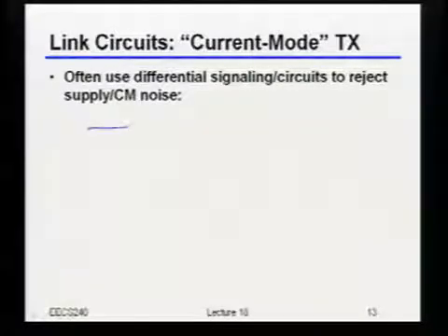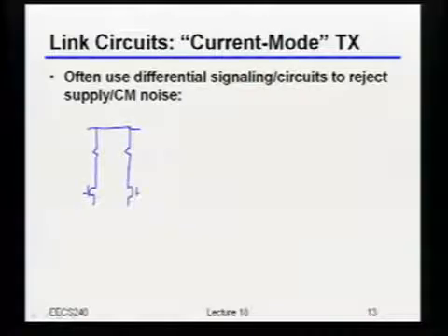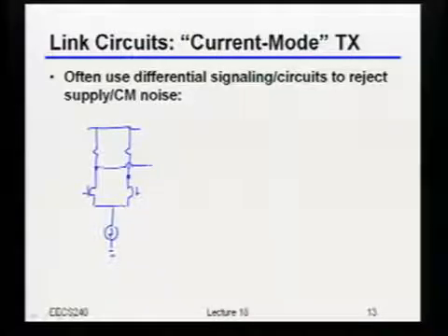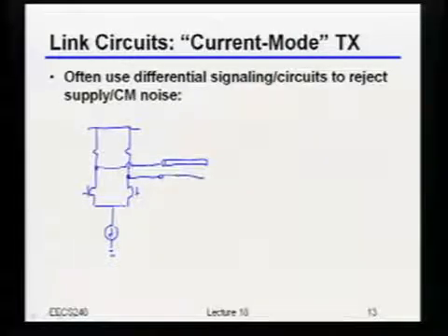So it turns out one of the most common transmitters you're going to see is actually a really, really simple circuit that we've, of course, drawn about a bazillion different times already. It really just looks like a differential pair driving a resistive load, and then driving, of course, the transmission lines.